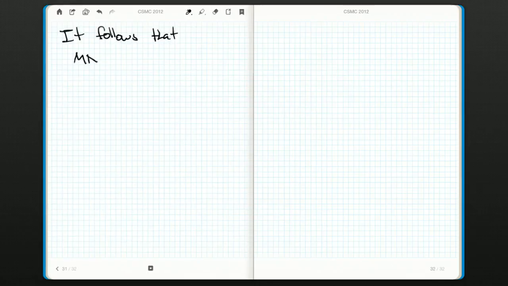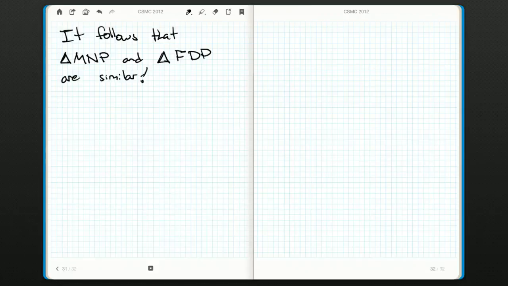So MNP and FDP, these guys are similar. Not only that, we can tell the ratio of their sides.